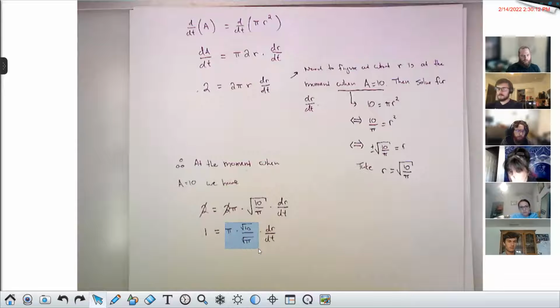Before I could just divide over by this whole chunk, but I think it's nice to simplify it a little bit first. So upstairs here I have pi, and I'm dividing by the square root of pi. That's pi to the 1 divided by pi to the 1/2.